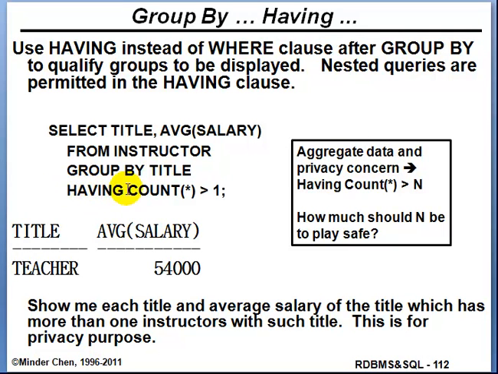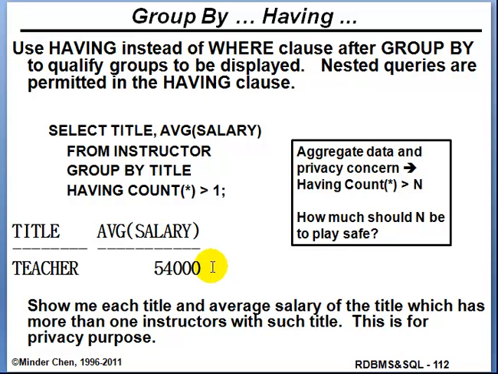So in this case, having count, the asterisk just means we don't care which column, just any column within this title group should have more than one individual who carries this title. So if we have only one dean, we're not going to show the average salary for the dean. Since we have two teachers, we're showing the average salary of teachers.